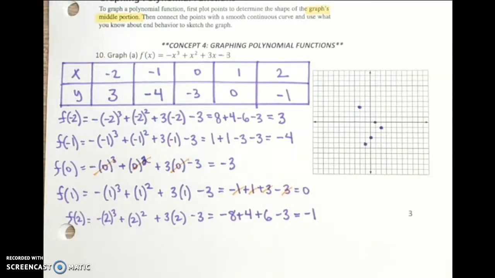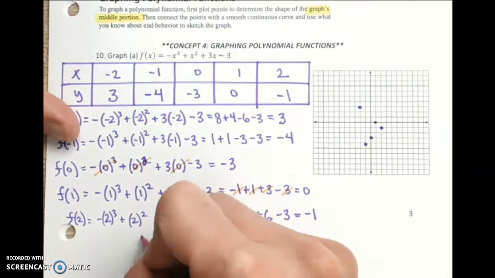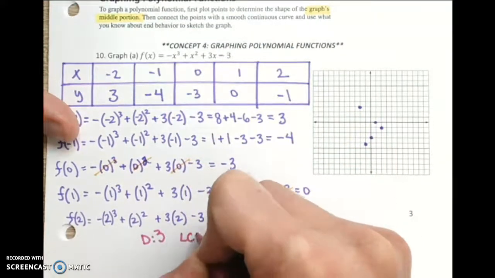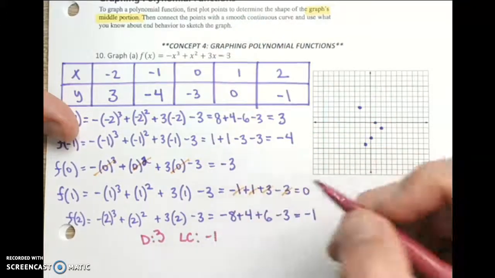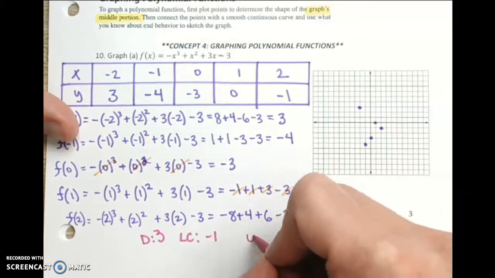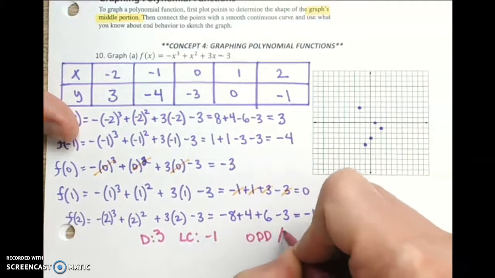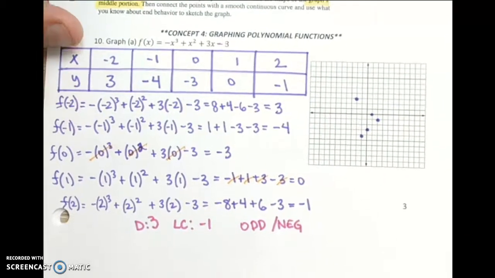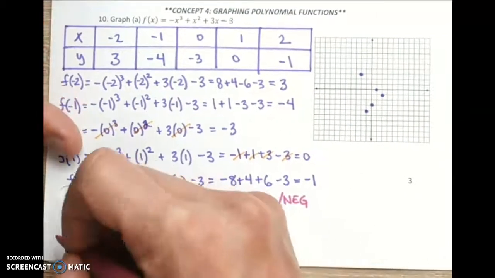Alright, now I actually have to go back to my end behavior. So what was my degree? 3. What was my lead coefficient? Negative 1. What do I need from that? Odd, negative. End in opposite directions, and it's going to start up and go down. So here we go.